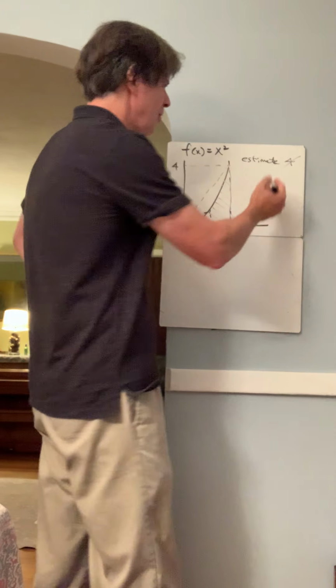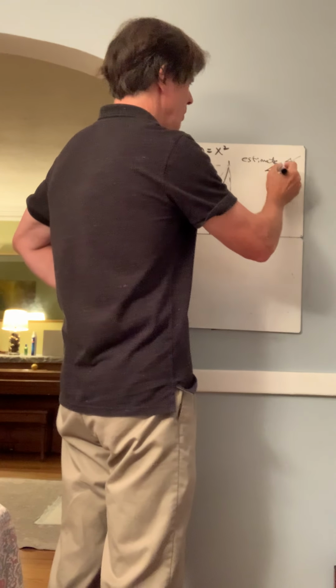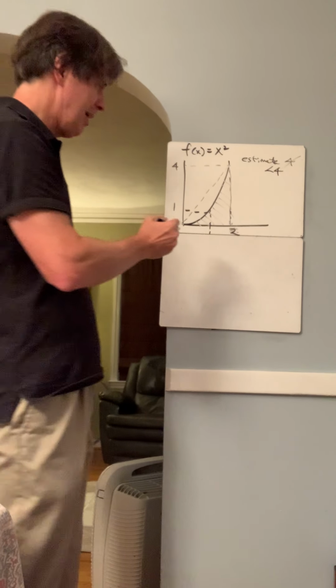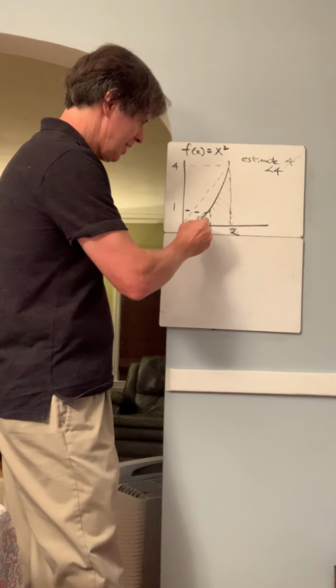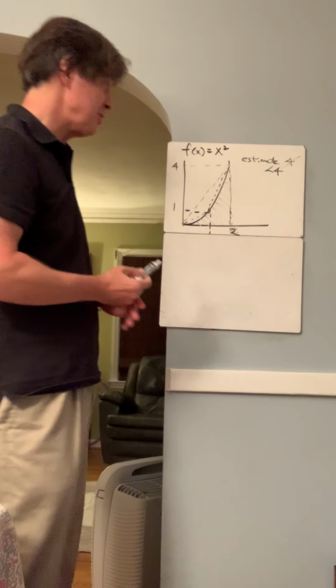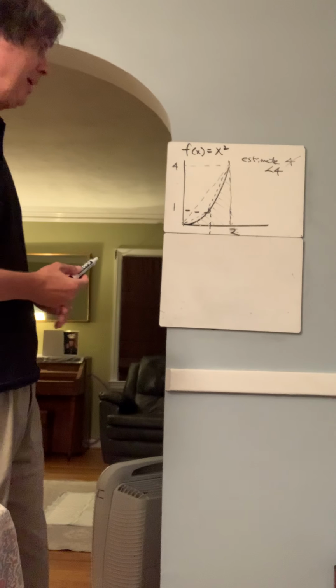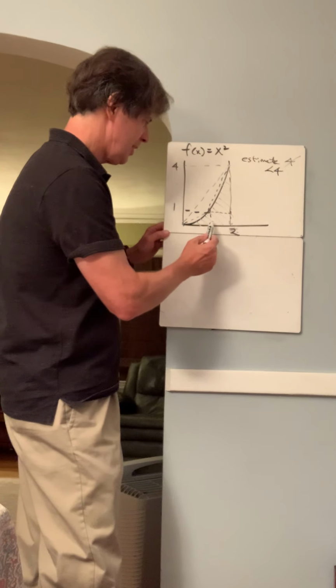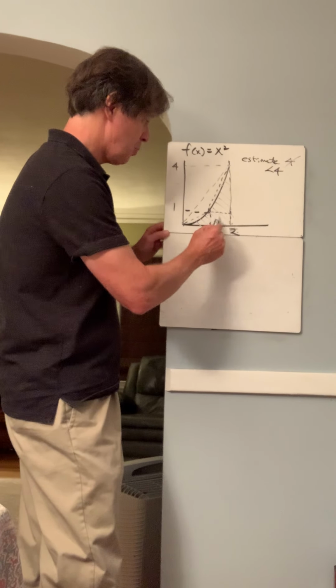Of course it's less than 4. How much less than 4? I could do better. I could probably do a little triangle here and another triangle here. That'd be a trapezoid. That's what that is. Oh yeah. What I could do is say there's a box here that's 1 times 1 is 1.